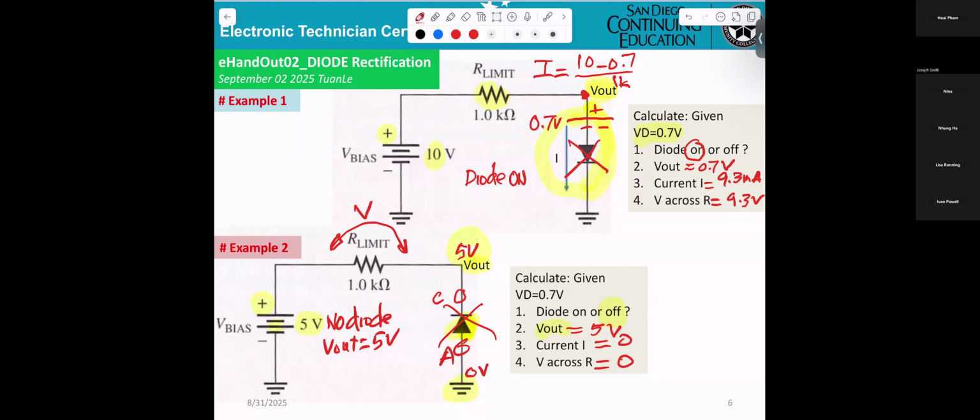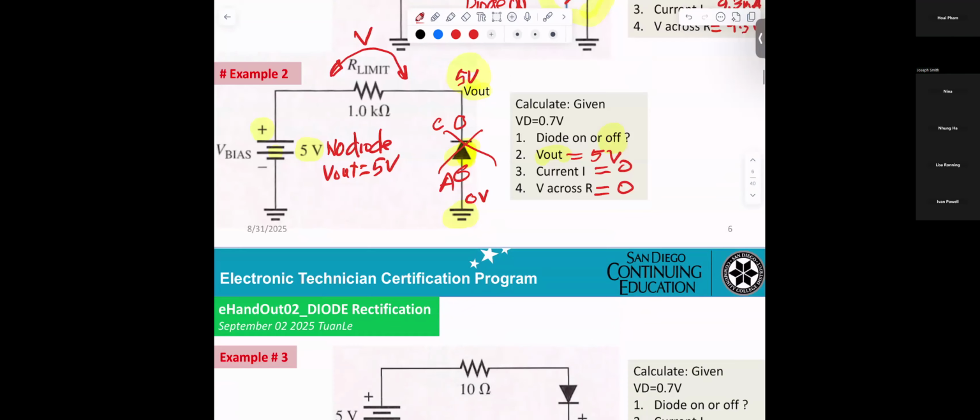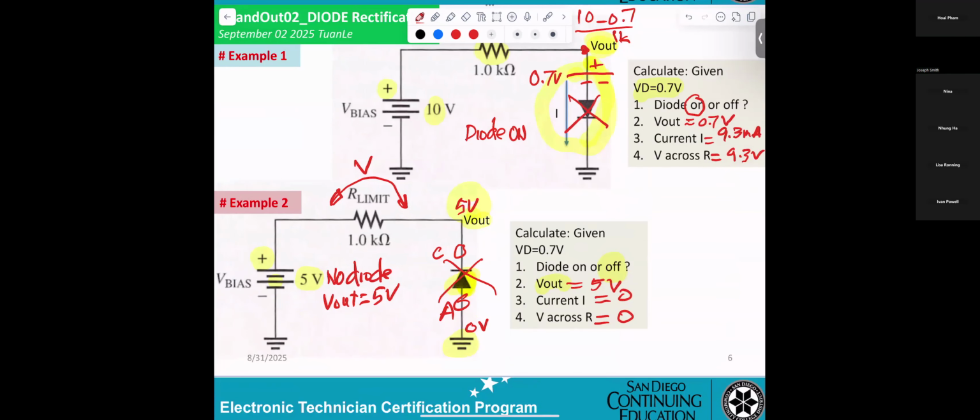Okay, if you have any question, go ahead and ask. You have to really understand it. The way you can check is to do VD equals VA minus VC. Do the math: 0 minus 5 equals minus 5.